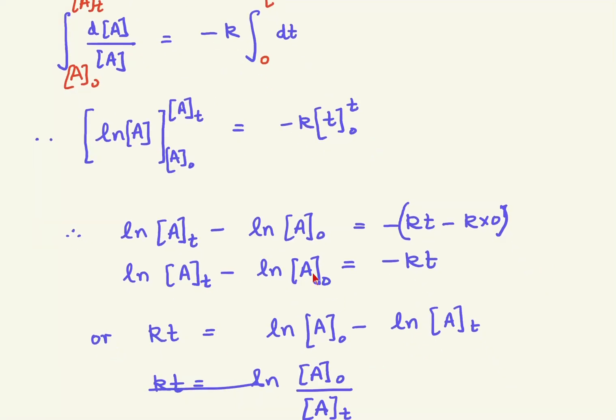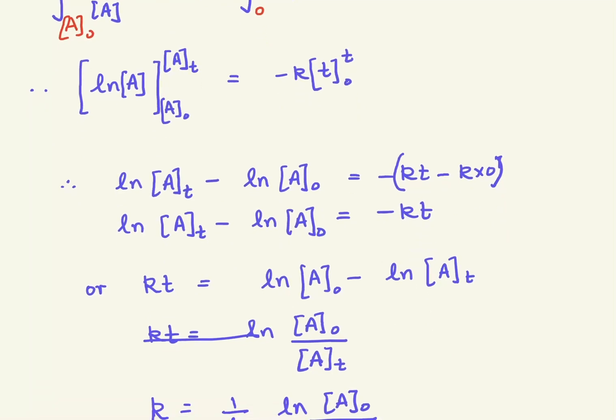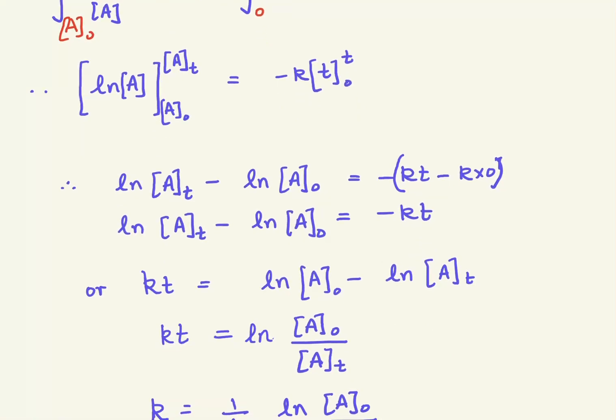Natural log of AT minus natural log of A0 is equal to minus KT. We rearrange it, right? Now when we rearrange it, we get here natural log of AT minus natural log of A0 is equal to minus KT. I've got KT to the left hand side and the others to the right hand side, or you can just change the sign.